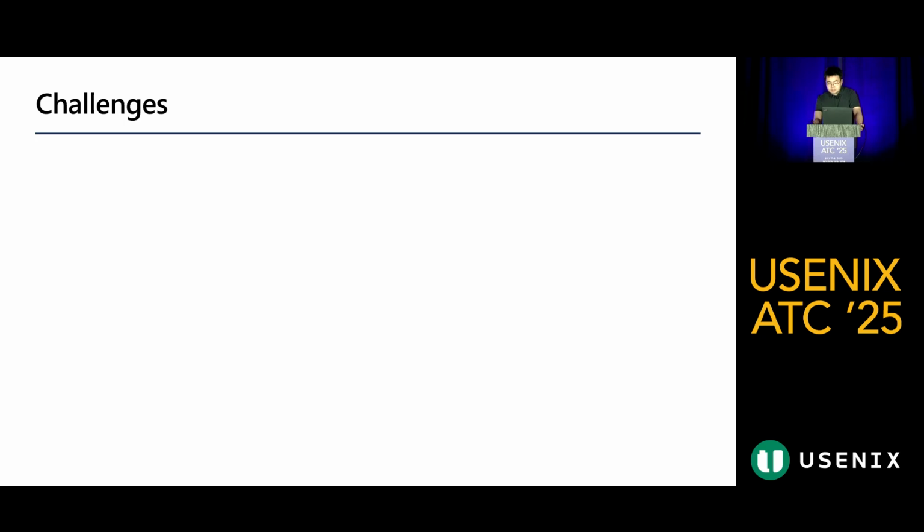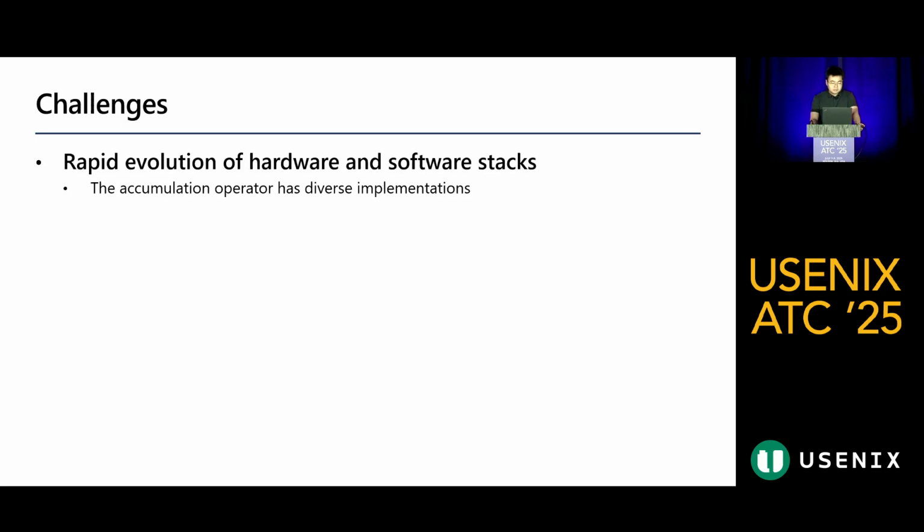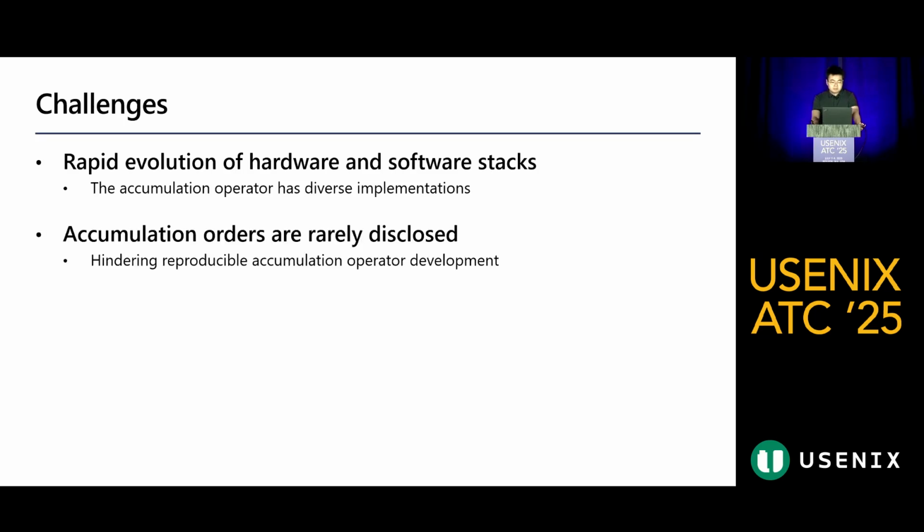However, determining the accumulation order of a computational workload is very challenging. First, the rapid evolution of hardware and software stacks: the accumulation operator has diverse implementations. Second, the accumulation orders are rarely disclosed.